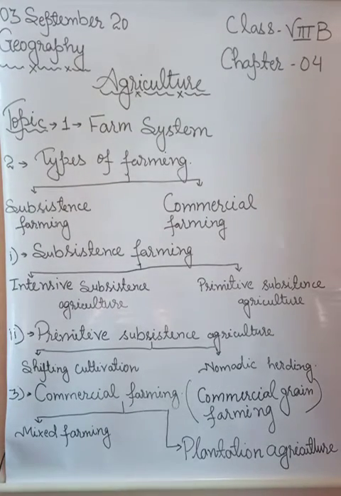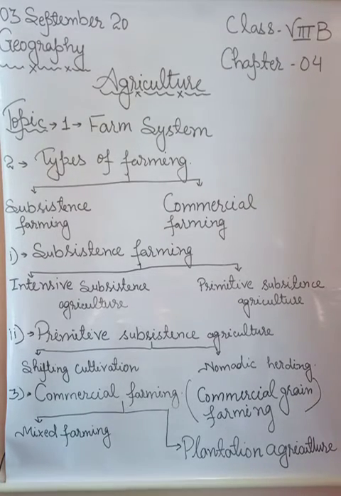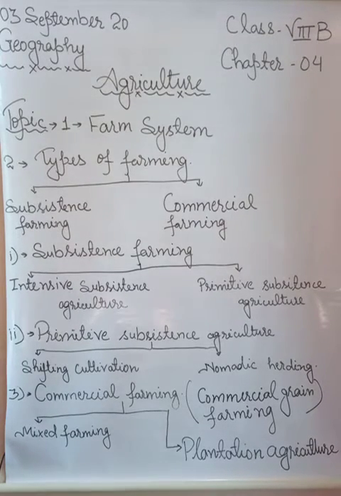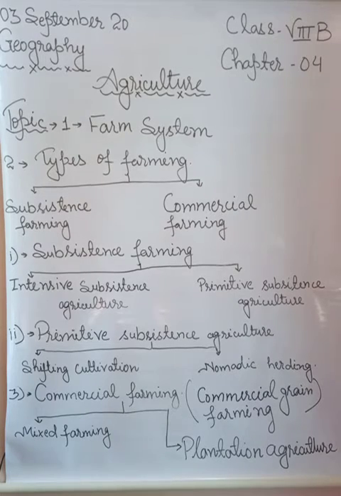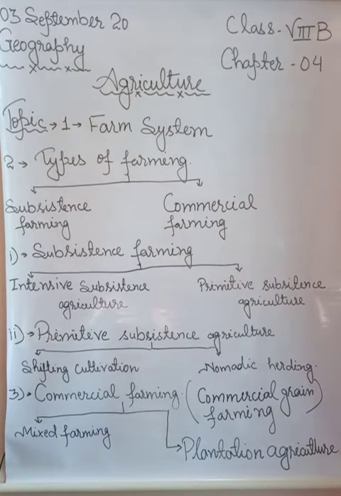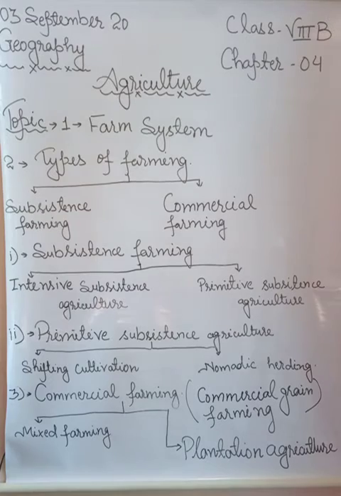So students, shifting cultivation is mainly practiced by the tribal people or farmers in the thickly or very dense forested areas of the Amazon basin, tropical Africa and some parts of Southeast Asia and Northeast India.